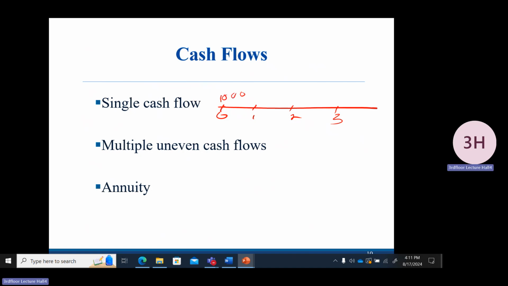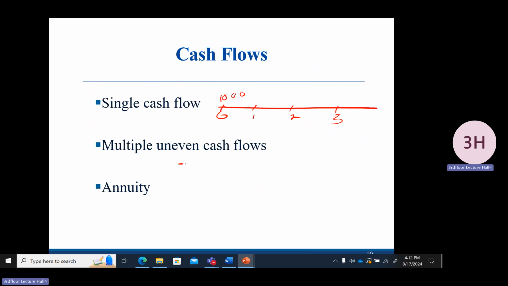That is a single cash flow, no other cash flow. For the single cash flow, we are going to discuss future value and present value with more frequent compounding. If you deposit some money in a savings account for a long period, it is a single cash flow. We have only one cash flow.